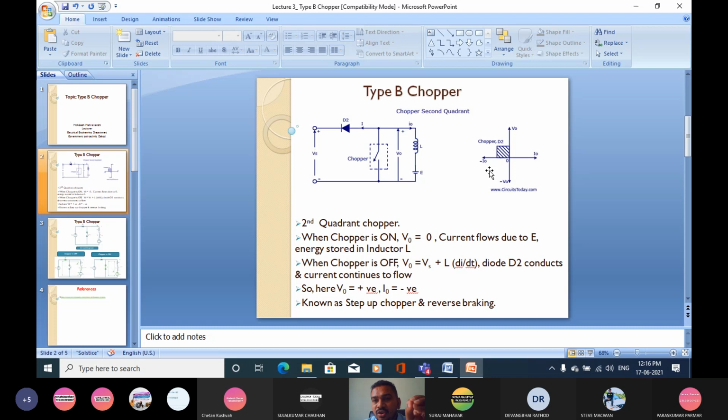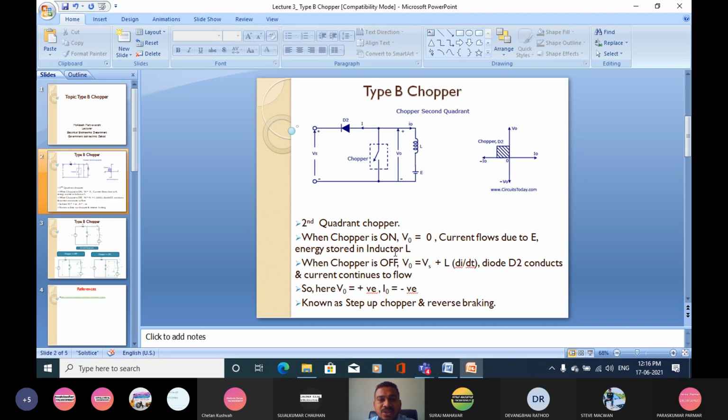Both cases, that means when chopper is on and when chopper is off. That's why we can say that type B chopper operates in the second quadrant, in which output voltage is positive and output current is negative. So as the type B chopper operates in the second quadrant, it is known as the second quadrant chopper.